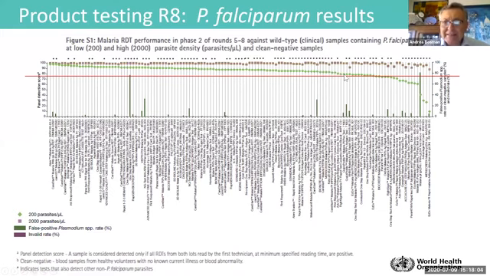It doesn't mean that this is a positivity rate of 75%. It is calculated in a very elaborate way, meaning that on 100 samples of Plasmodium falciparum in the lab, this test has given 75% positive readings.